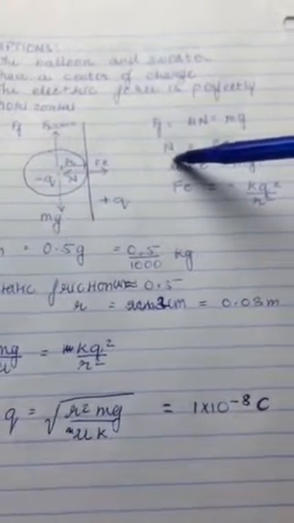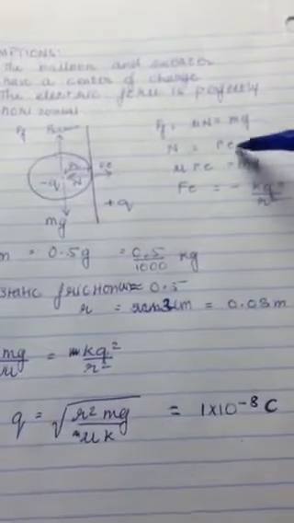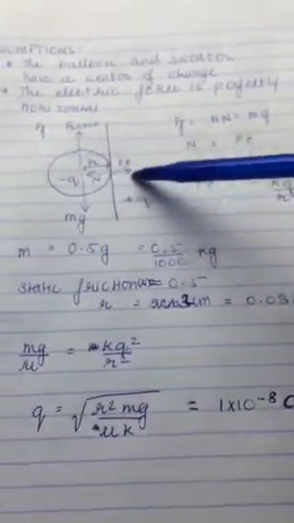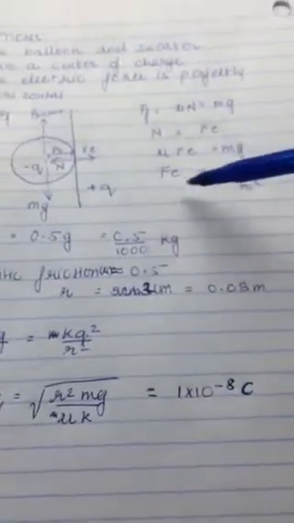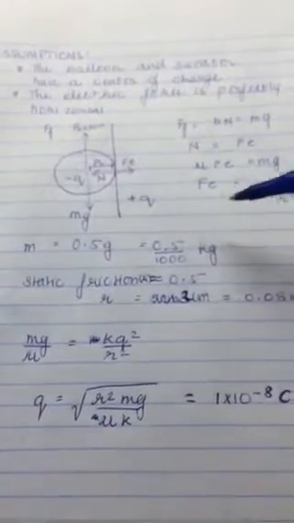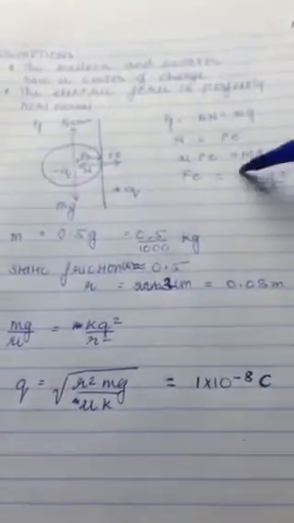And N is the normal force, which is equal to Fe, and Fe is the electrostatic force. So mu Fe would be mg according to that equation, and Fe is given by the charge, and this is the equation for calculating the charge.